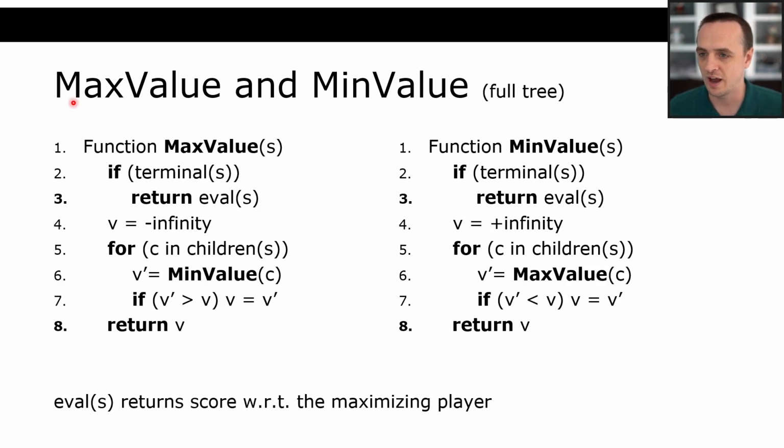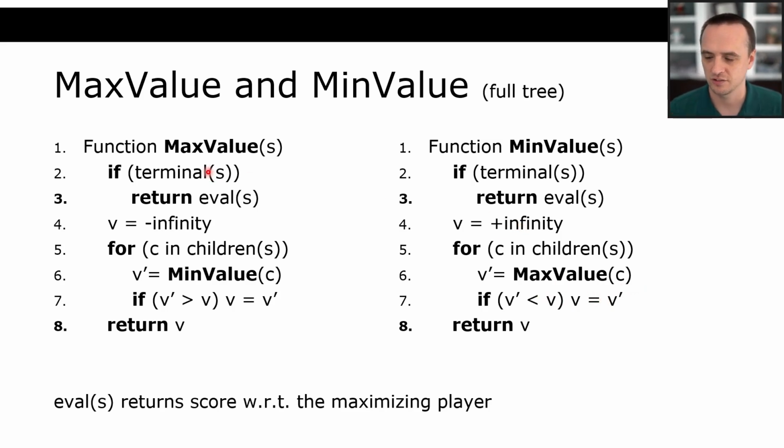So we've got max value and min value, and this is what would happen on the full tree. So min value over here is the exact same thing as max value, except instead it is trying to find the minimum of something, so this v gets set up to positive infinity, and we're checking to see if it's less than that instead of greater than that.